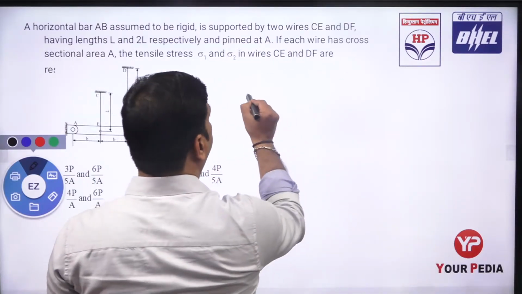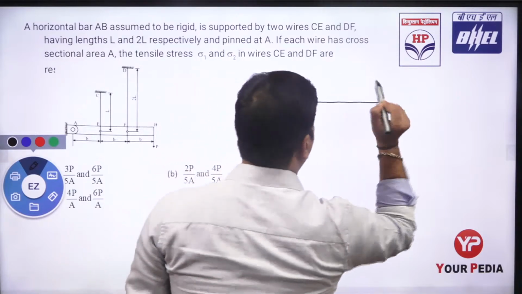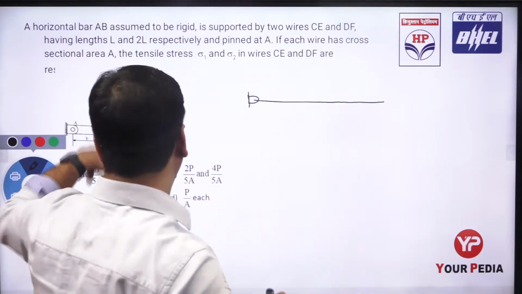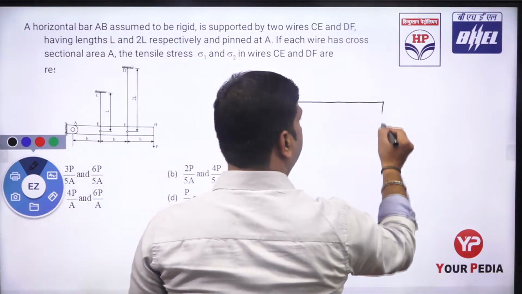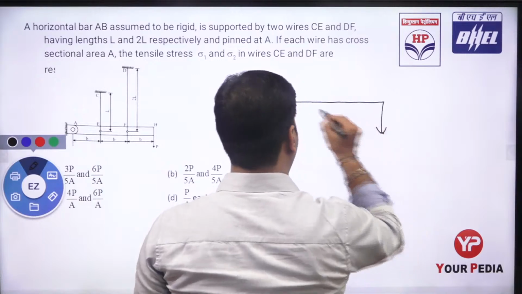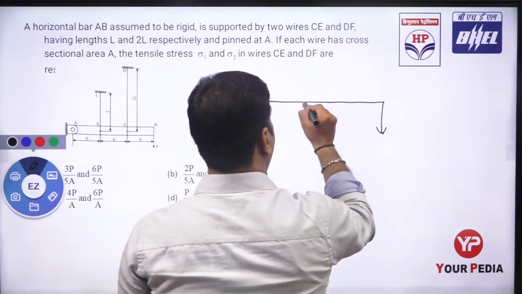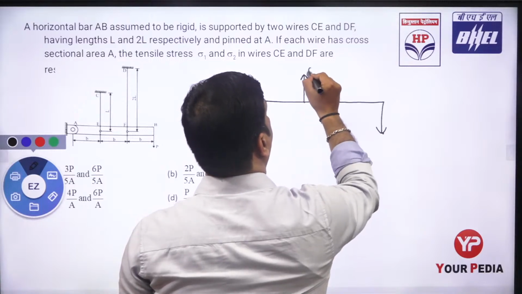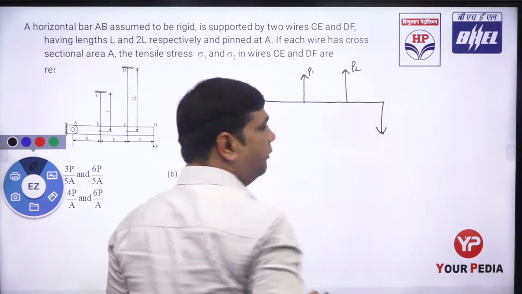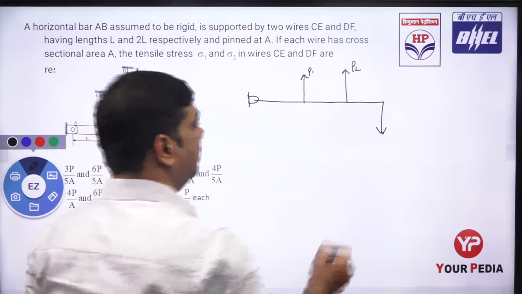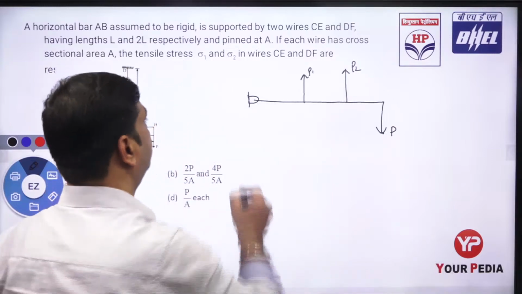Let us assume a member is not subjected to any tension, and there are P1 and P2 acting which support the member at the support P. Is this clear to you?